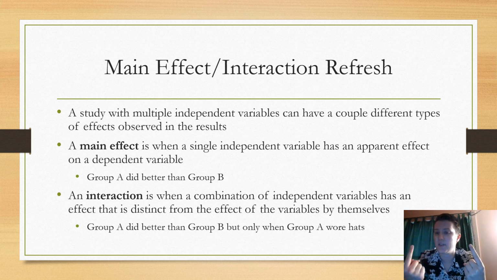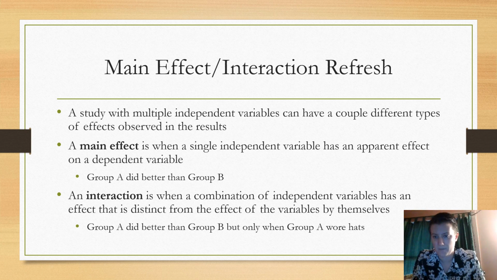And then we have another condition where we're providing people silly hats and not providing people silly hats. So maybe people in the quiet testing condition perform better than people in the loud testing condition, but only when they were wearing those silly hats. They only did better when they wore the hats.